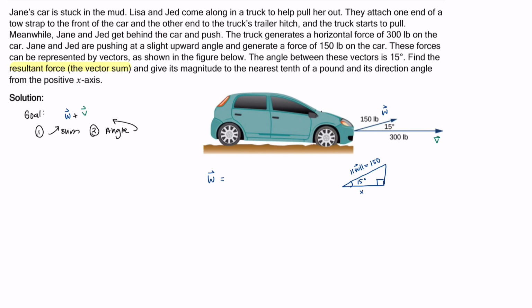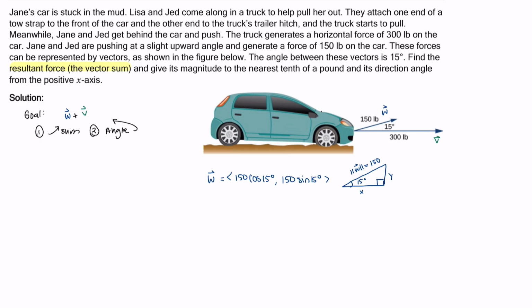I know that the x component is given by 150 times cosine of 15 degrees, since cosine of 15 degrees equals x over 150. Similarly, the y component is 150 times sine of 15 degrees.